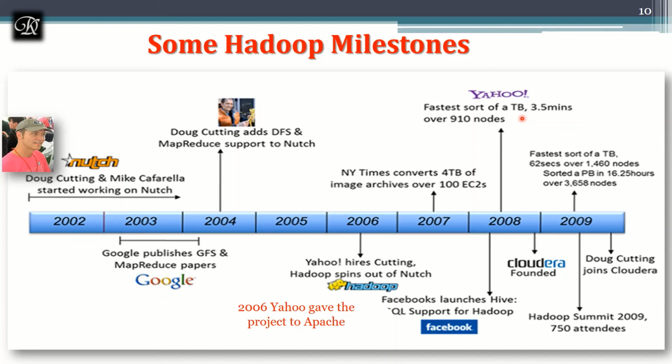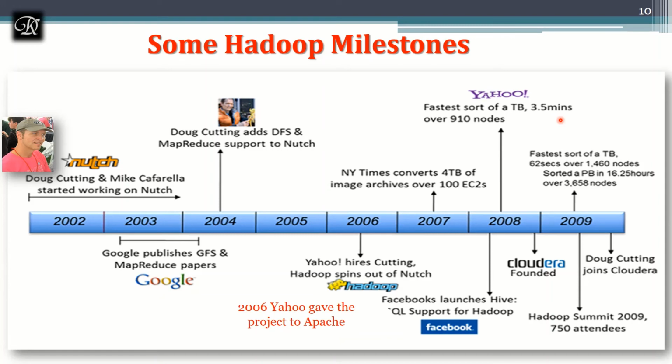Terabyte, most of you are having laptops with a minimum configuration of 500 GB or 1 TB, so you know the size of the data you are going to store. Such huge data is sorted by the Hadoop framework in 3.5 minutes over 9-10 nodes. It means Hadoop is going to support a network architecture, right? So it's going to have 9-10 data nodes.